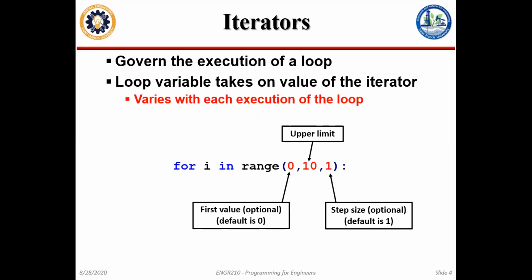But it is exactly the same thing to take for I in range 0, 10, 1 and write for I in range 10. Those will iterate over the exact same set of values. So if you plug those into that script that we just wrote and try it, it'll work exactly the same as it did before.